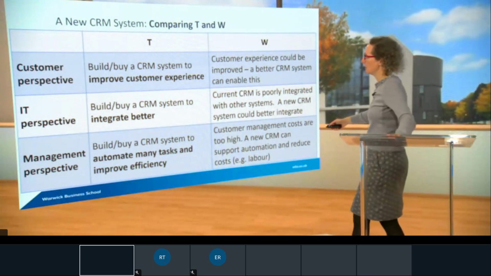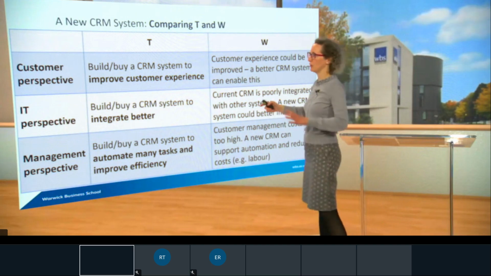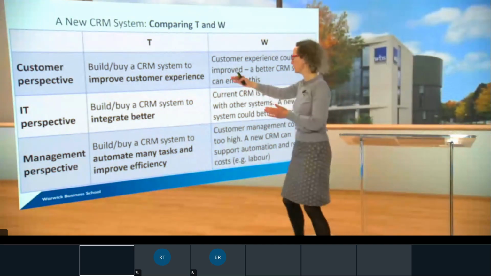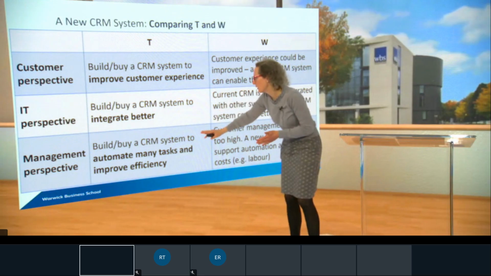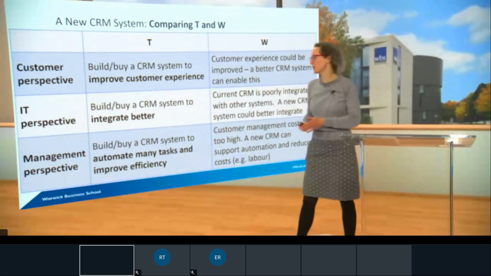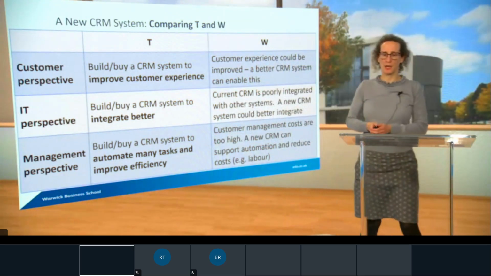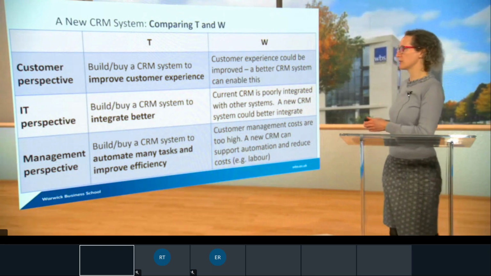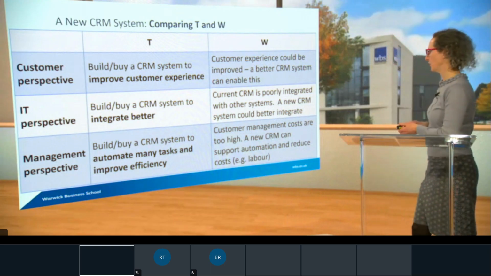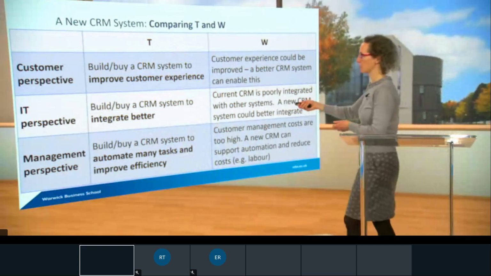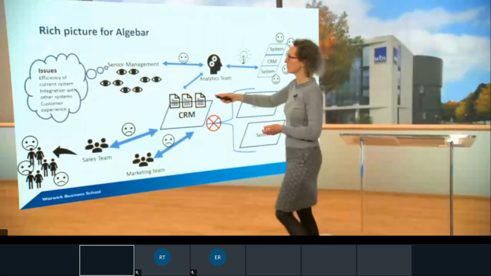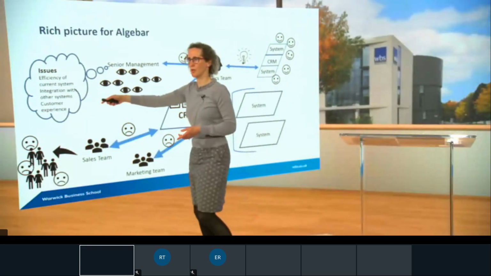So you can see that we're really looking at a group of people that are concerned with improving customer experience, improving integration, automating to improve efficiency. And that's quite interesting to me because on the rich picture, we have the management perspective related to the customer experience as well.